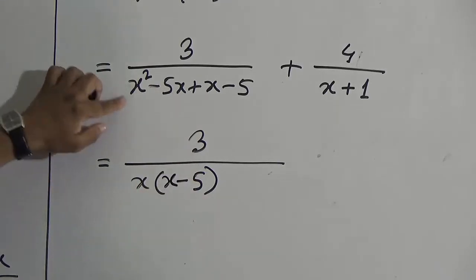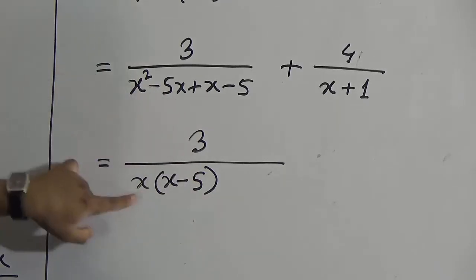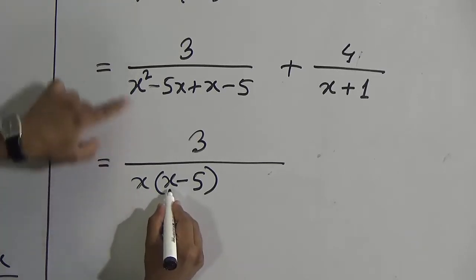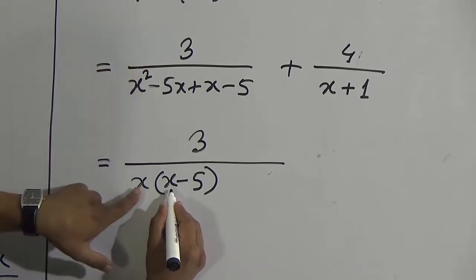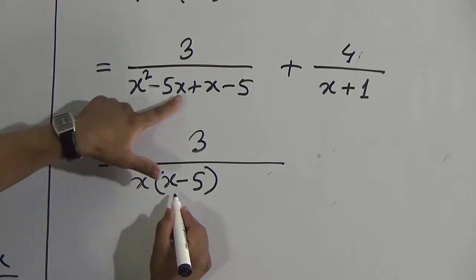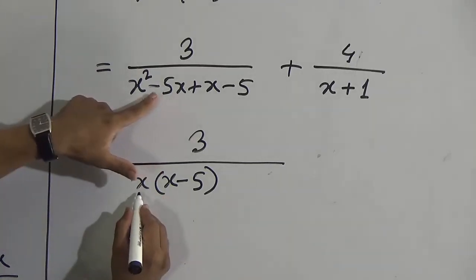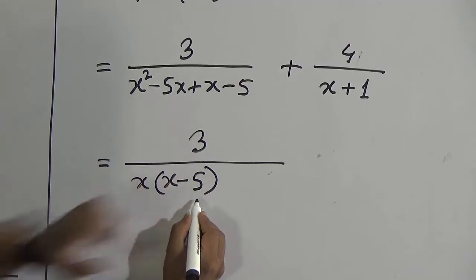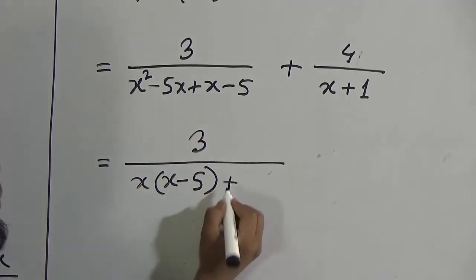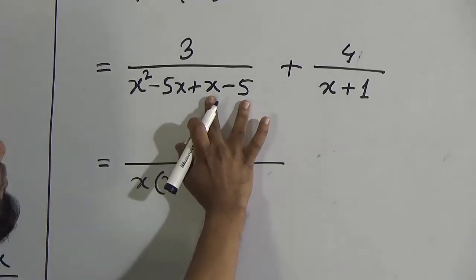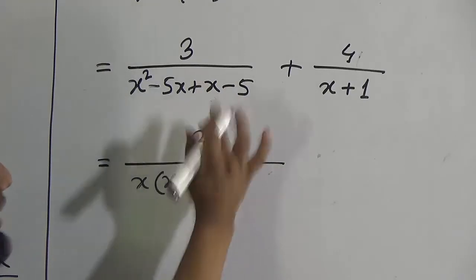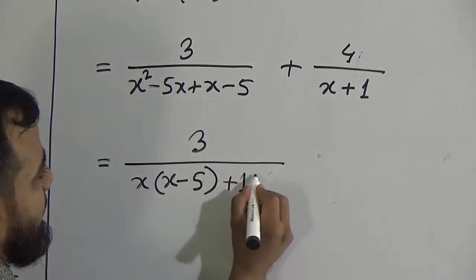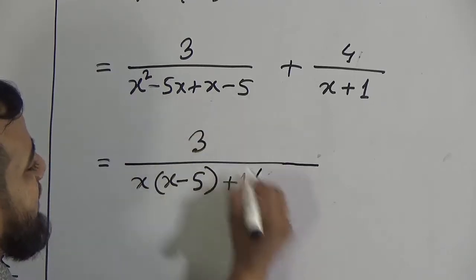If we take x as common from the first two terms, we have x, another x here. From the minus 5x we can have 1x as common, so x remains here, and we can take x as common from the second term, we will have minus 5 remaining here. Now we can't take anything common from the third and the fourth term, that's why we can take only 1 as common. And we'll have x minus 5 remaining there.